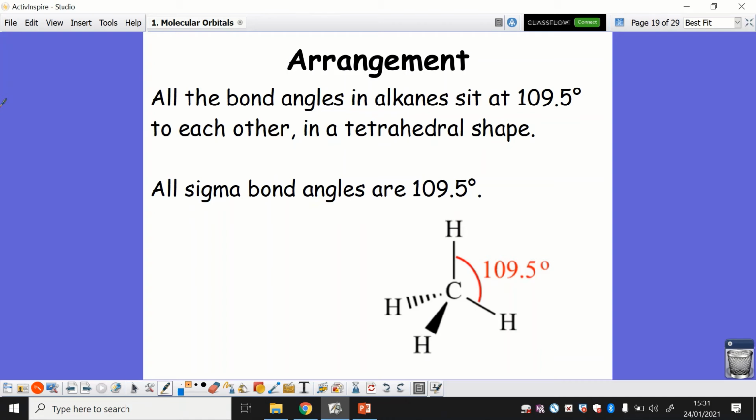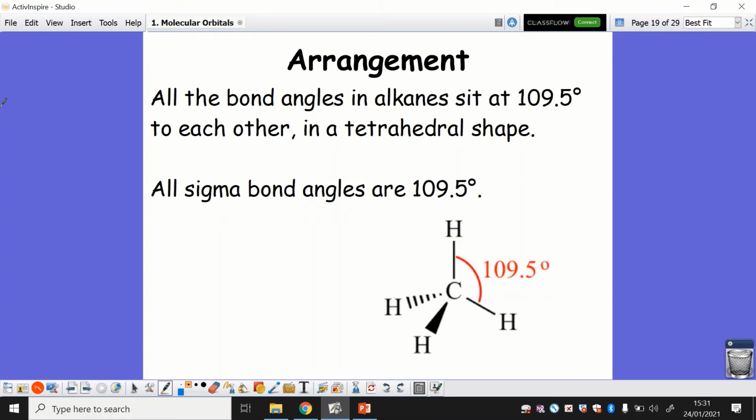Right, so in terms of the arrangement of the atoms and the bond angles that exist within alkanes, where sigma bonds are present, the angles are all set at 109.5 degrees, just like you should know from the first unit are the bond angles between any tetrahedral shape.